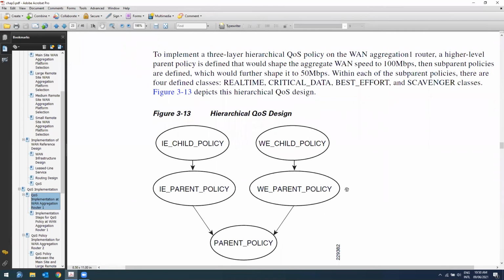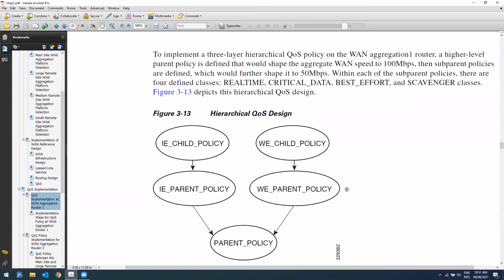So here, to implement a three-layer hierarchical QoS policy on the WAN aggregation 1 router, a higher-level parent policy is defined that would shape the aggregation WAN service to 100 Mbps. Then sub-parent policies are defined, which would further shape it into 50 Mbps.